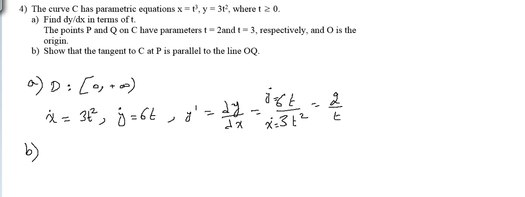Part B, show that the tangent to the curve C at P is parallel to the line OQ. What are P and Q? The points he gave me, the points P and Q on curve C, which has these parametric equations, and P is where t equals 2 and Q is where t equals 3.